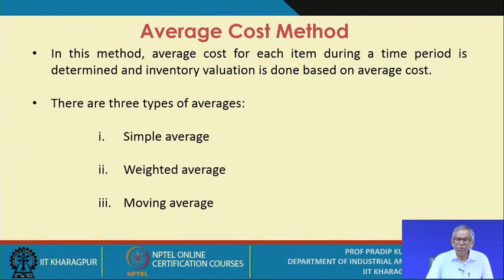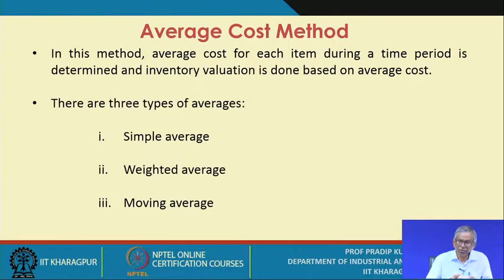Now, what is the average cost method? In this method, the average cost for each item during a time period is determined, and the inventory valuation is done based on average cost. The time period is to be specified, and there are three types of averages, as you may be aware.